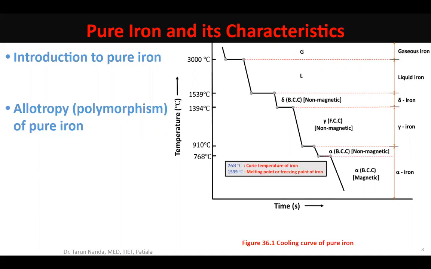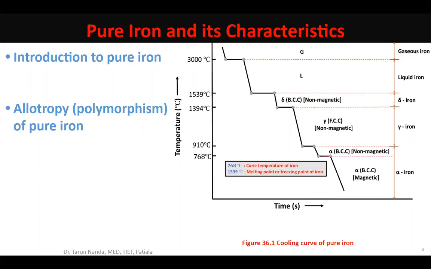But what makes iron so important, one of the reasons behind this is the allotropy shown by pure iron. There are about 15 metals known to us which show this phenomenon called allotropy or polymorphism. I'll define this for you.